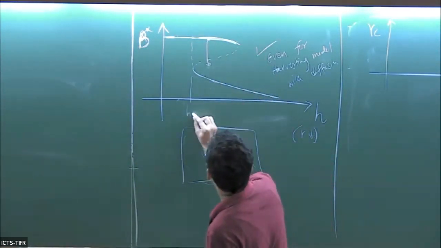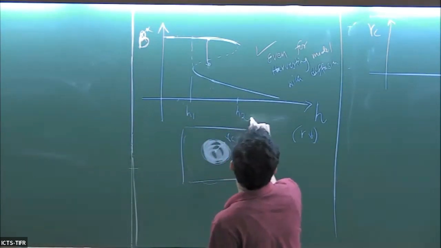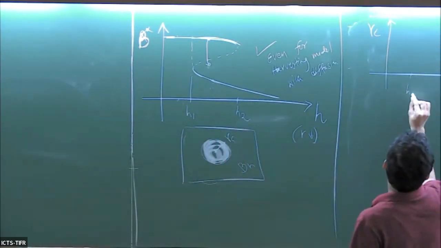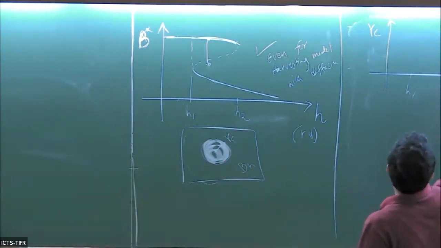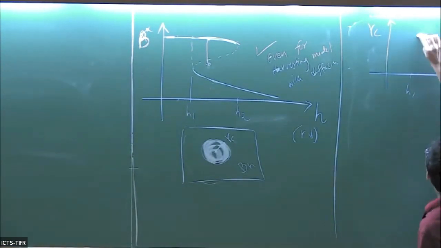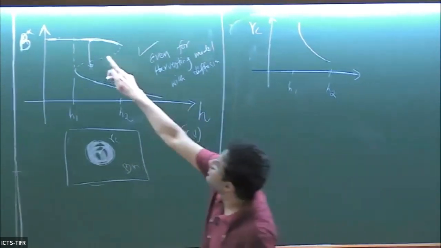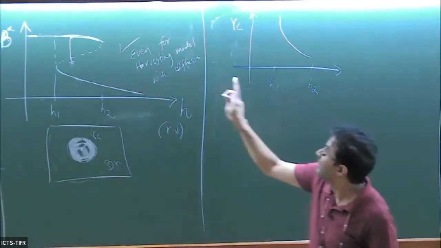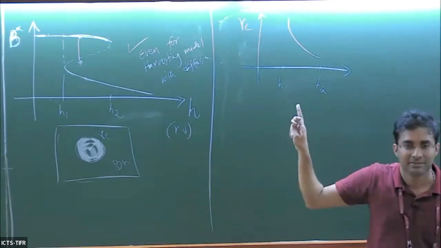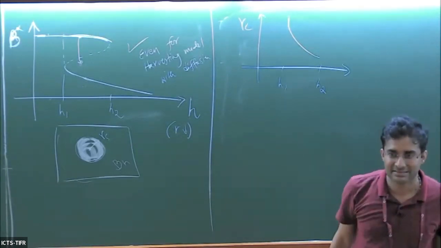let's call this H1 and H2, it goes like this. So the closer you are to the bifurcation point, the smaller the critical patch size.